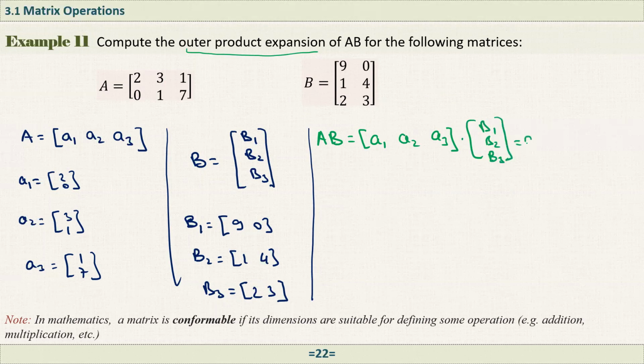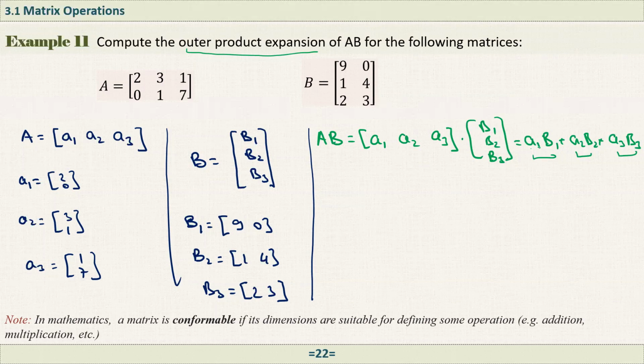So that is equal to A1 times B1 plus A2 times B2 plus A3 times B3. So we need to compute each product here and evaluate this, right? And what is the advantage of multiplying in this way? And here it's like a dot product, right? Here this one is a column matrix, this one is, what is it?